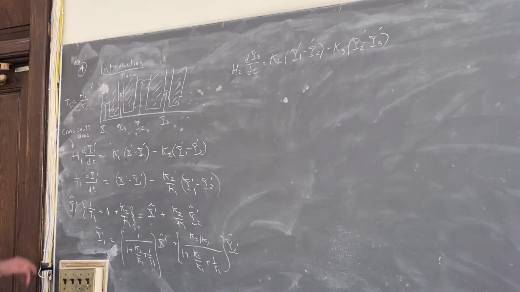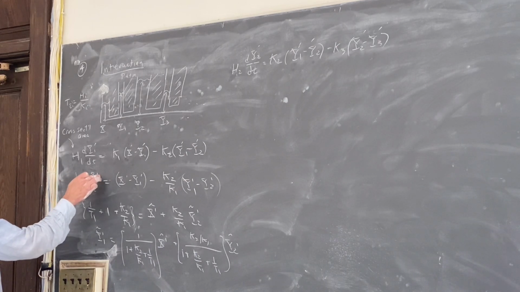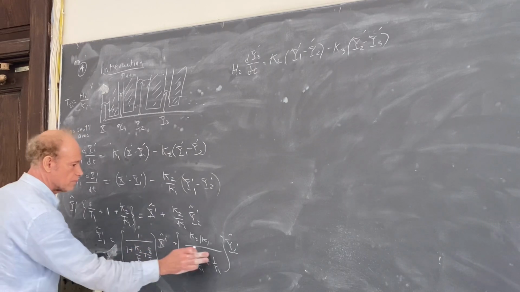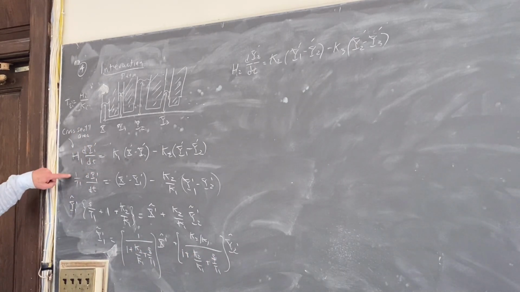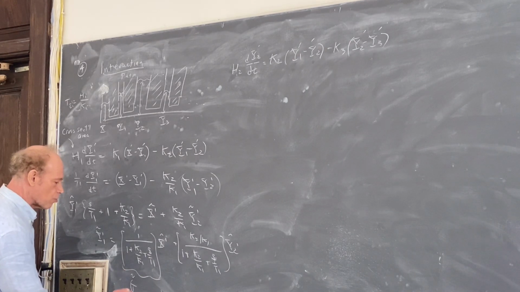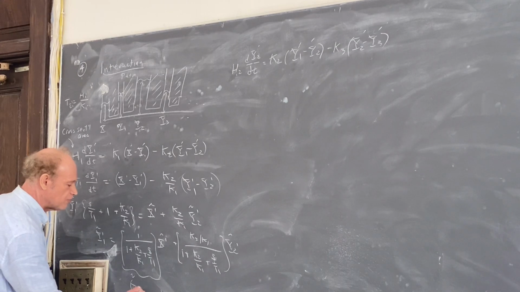And I lost an s somewhere. This was s times s over t1, not 1 over t1. It's s over t1. When I take the Laplace transform of the derivative, I get an s, so I have s over t1. And this thing is G tilde for how x prime tilde influences y1 prime tilde.